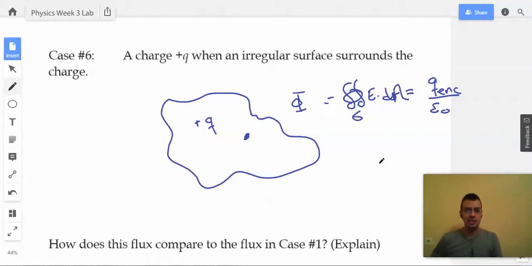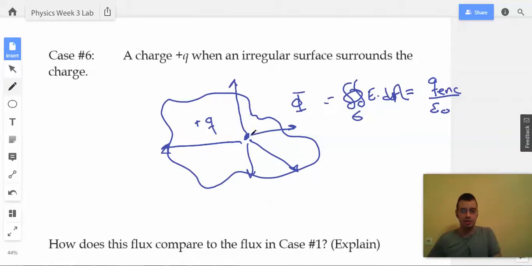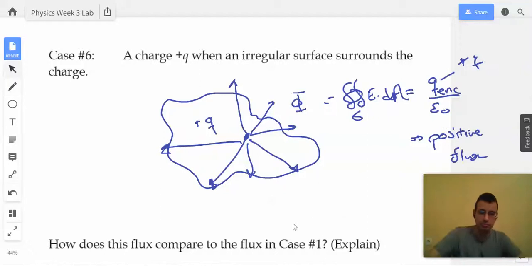We know that it is enclosed. It's positive, so it's shooting out electric field lines, probably in a very uniform manner. So Q enclosed equals positive Q. Epsilon naught is positive, therefore positive flux.